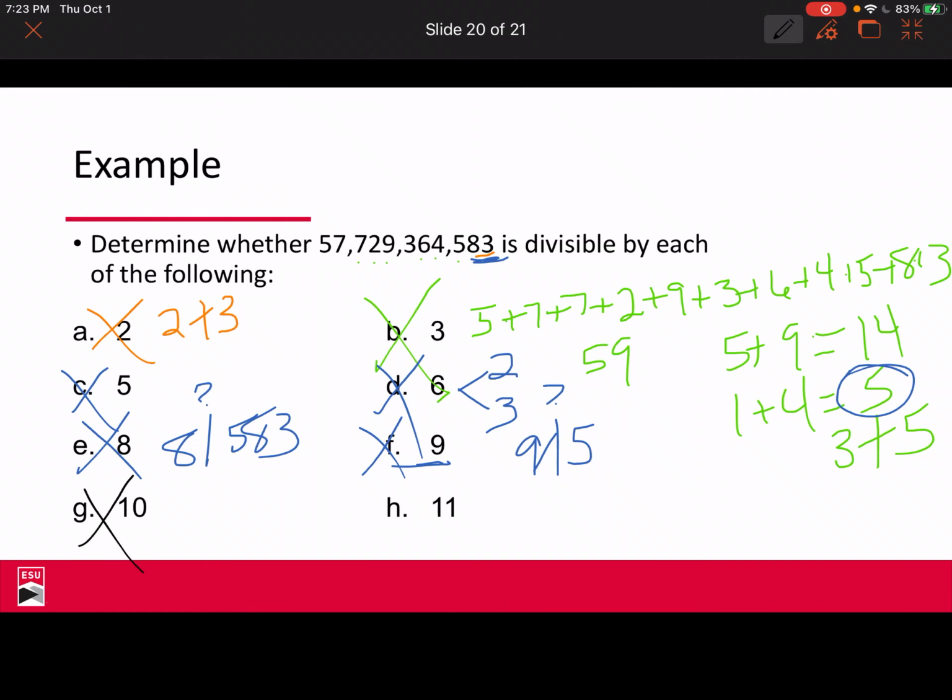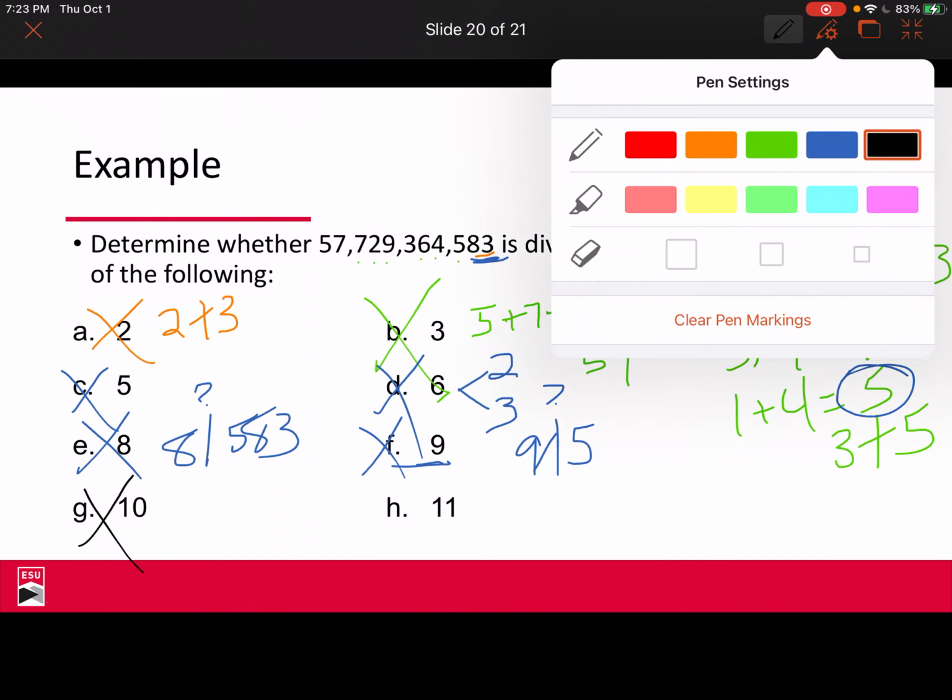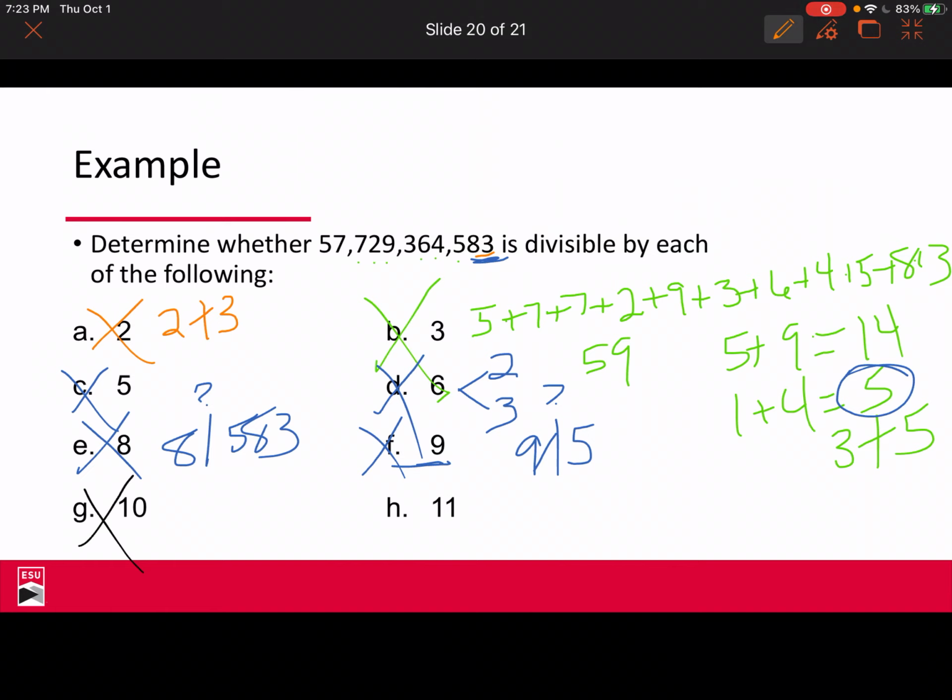And so what I'm going to do is switch to a different color, and I'm going to change my sum to an alternating sum. So I had plus 3 minus 8, plus 5 minus 4, plus 6 minus 3, plus 9 minus 2, plus 7 minus 7, plus 5.